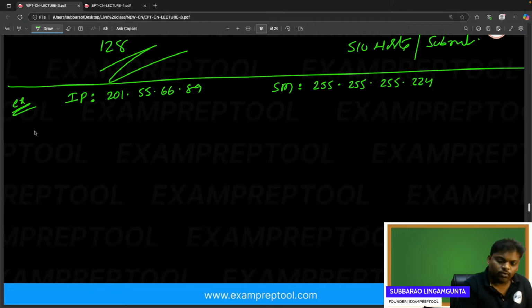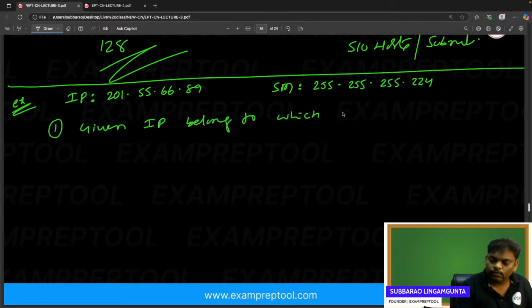Now the questions are going to be: question number 1, given IP belongs to which subnet ID?